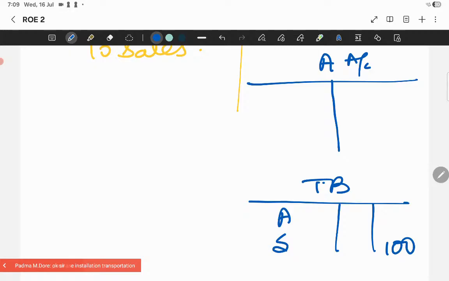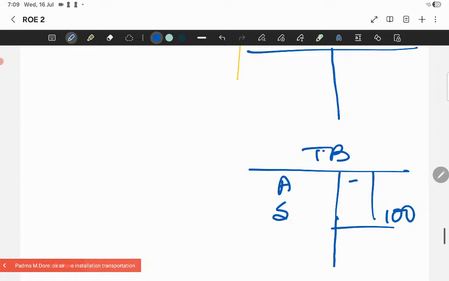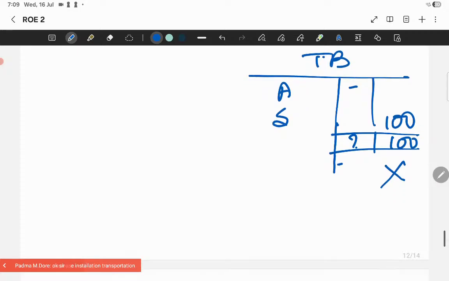And as there is nothing in A's account, there will be nothing to show. As a result, what will be the total? 100 on the credit and on the debit side, nothing. So what has happened here? Now the trial balance is not agreeing. And you know that whenever the trial balance does not agree, this kind of error is called a one-sided error.